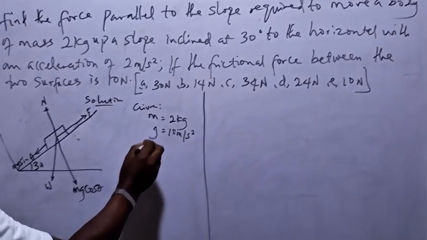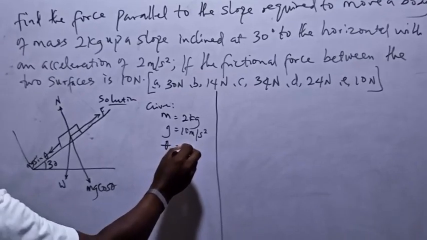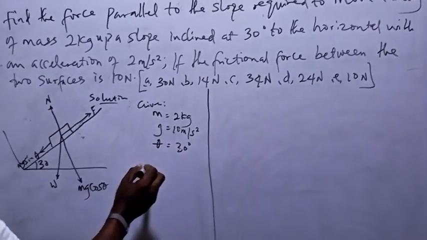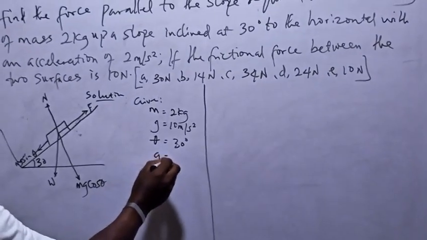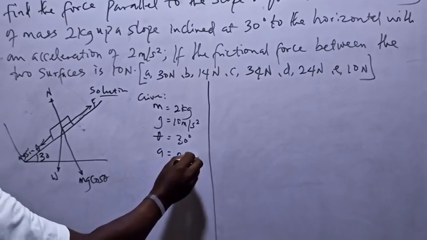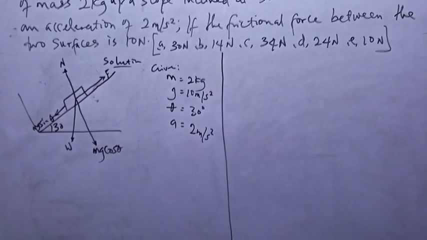We have angle theta to be 30 degrees. We also have acceleration to be 2 meters per second squared.